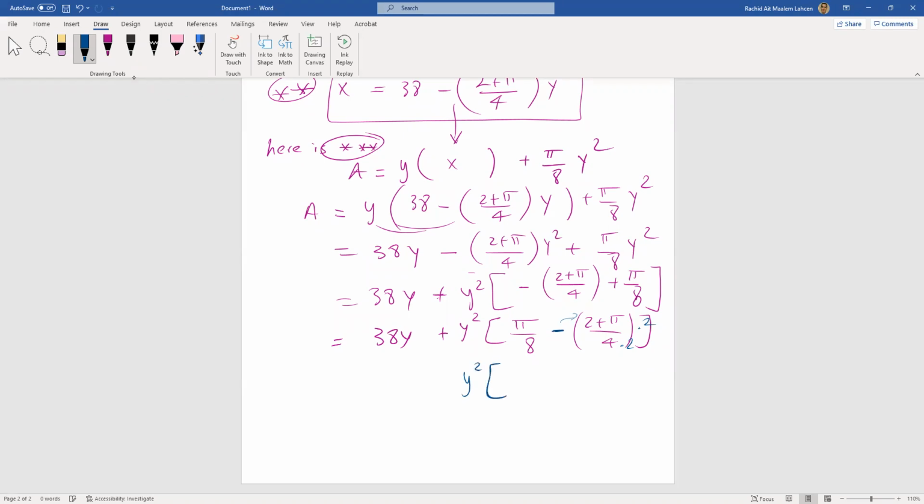So y squared is pi minus, and it's negative 2 times 2, which means negative 4, and negative 2 pi over all this common denominator. So you can pause the video here and try it and see how I got to this. Or if you've done it differently, see that you should get something similar to what I will have now.